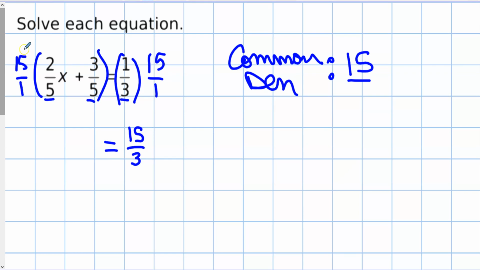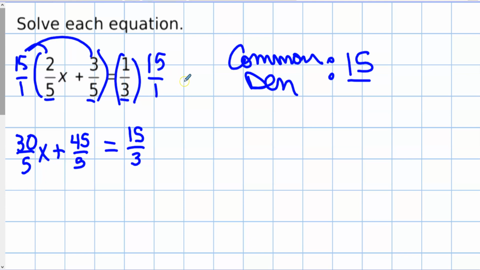On the left hand side, I'm going to have to distribute this to both terms, but I'll do that one at a time. 15 times 2/5, 15 times 2 is 30, and 1 times 5 is 5, and that's my x term. Plus, then I distribute the 15 to the 3/5. 15 times 3 is 45, and 1 times 5 is 5.